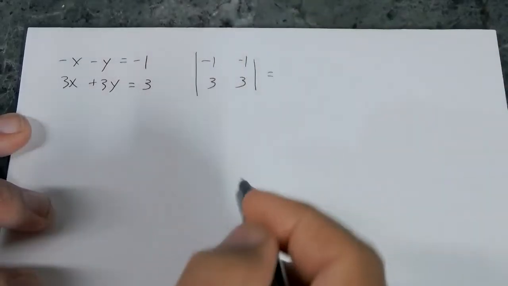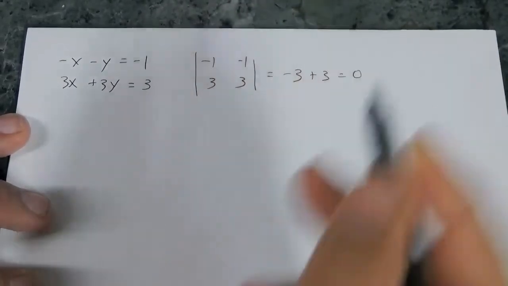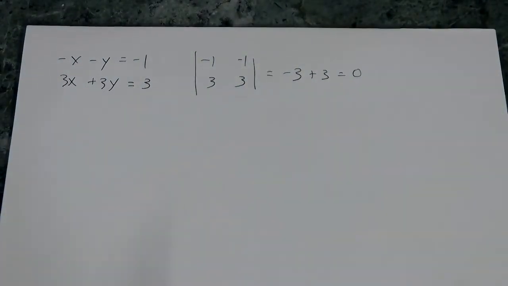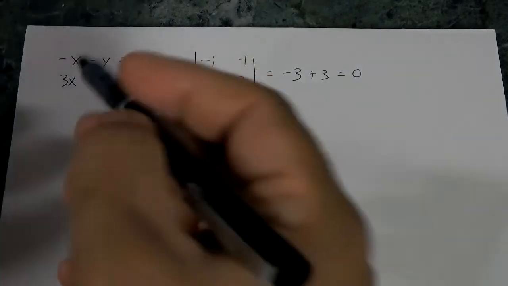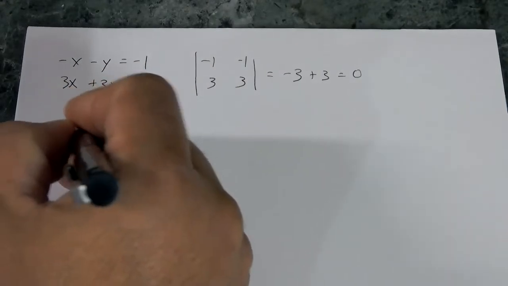as you see, we end up with negative 3 plus 3, which is 0. So that tells me, first of all, I can't divide by 0. Now the question is, is it infinitely many solutions or no solutions? So how do I tell that? Well, let me show you this other one right here before I move on.